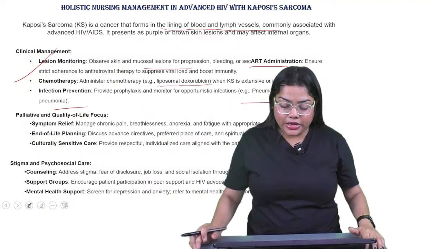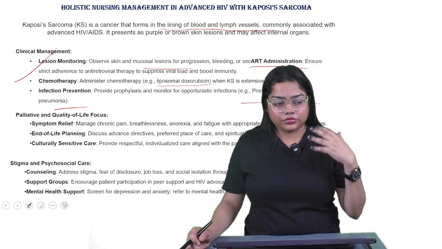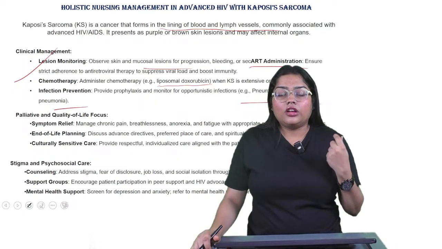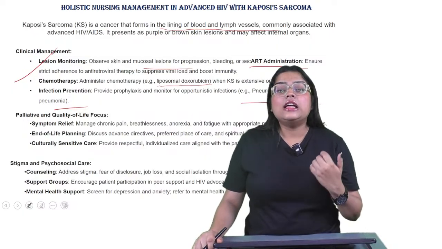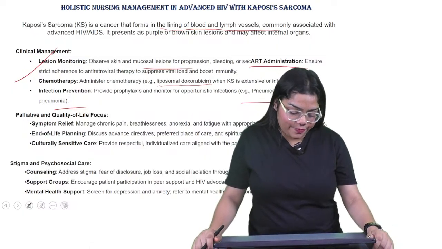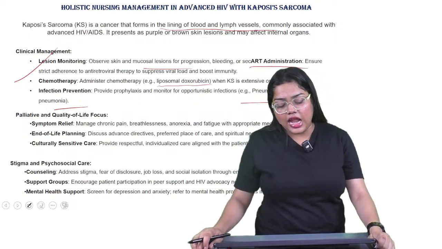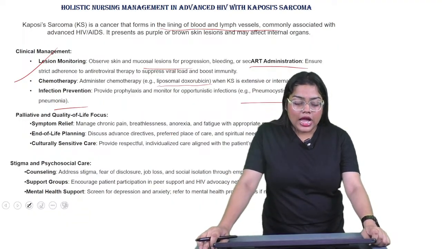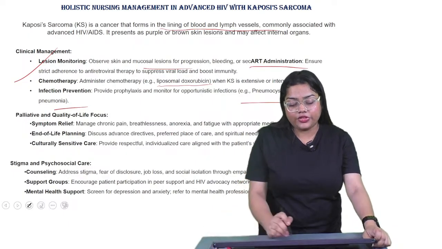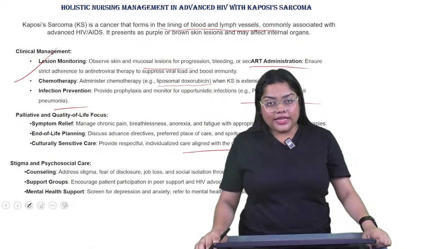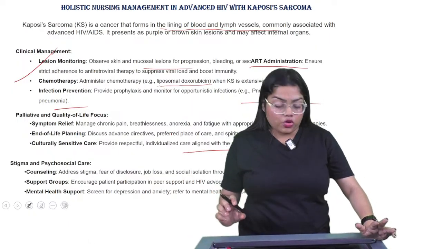Then we can manage breathlessness, anorexia, or decreased amount of eating, and fatigue with appropriate medication and therapies. Then end of life planning, which is to discuss advanced directives, preferred place of care, and spiritual needs. And culturally sensitive care, such as providing respectful individualized care aligned with the patient's values and beliefs. So that is about the palliative and quality of life focus.